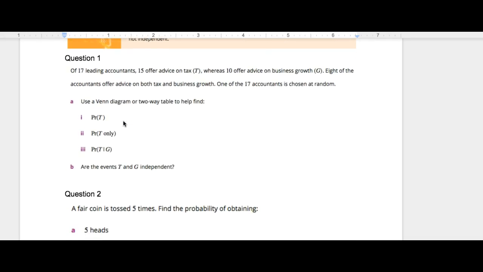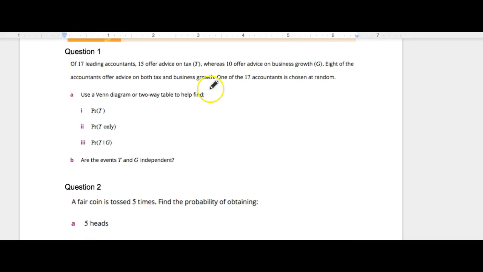Question 1. Of 17 leading accountants, 15 offer advice on tax, whereas 10 offer advice on business growth. 8 of the accountants offer advice on both tax and business growth. One of the 17 accountants is chosen at random. Okay, so use a Venn diagram. Now, I'm not a fan of Venn diagrams, so I'm going to continue doing two-way tables first.